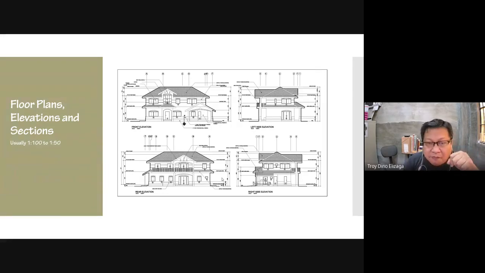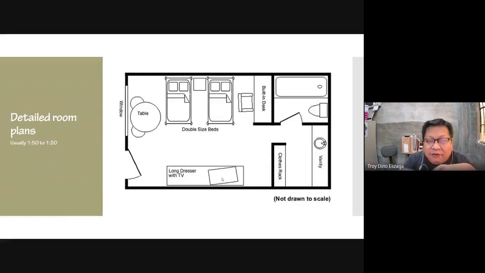If you blow up a room, which we call detailed room plans, you can use 1 is to 50 if your floor plan is 1 is to 100, or if your floor plan is 1 is to 50, then you can use a 1 is to 20 scale, especially if you plan to show layouts of furniture.